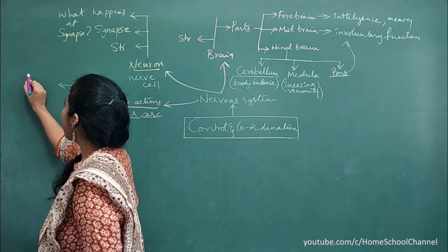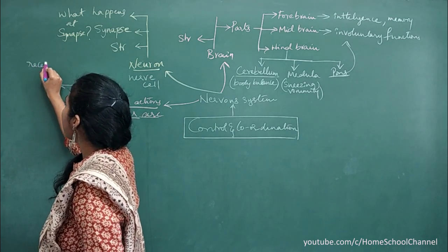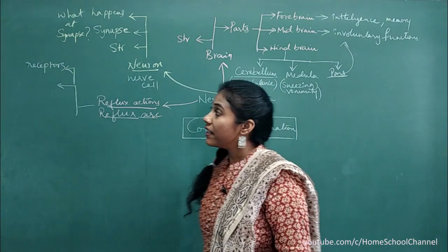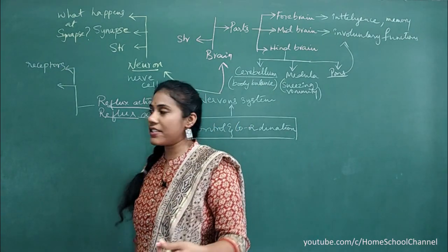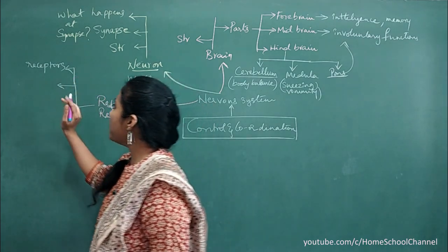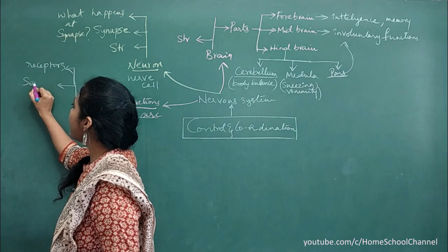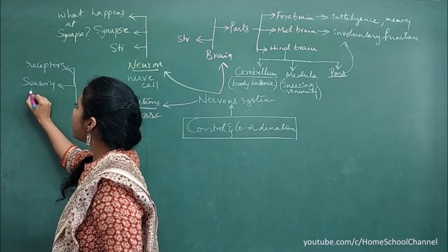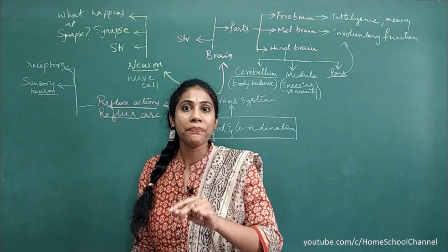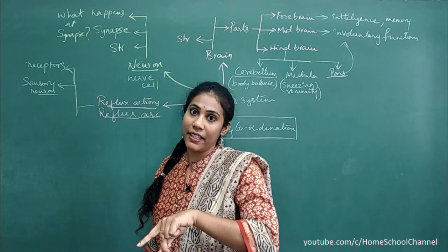And you have something called receptors. Receptors are the first component. Receptors actually detect the stimuli, and after detecting the stimuli, the information is passed to sensory neuron, right? So sensory neuron is the one which carries information from receptors to spinal cord.